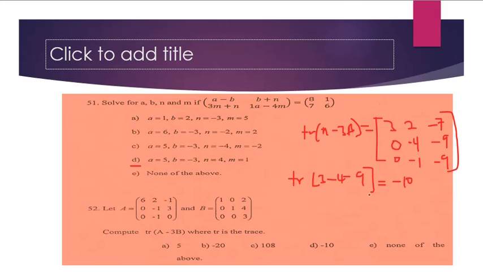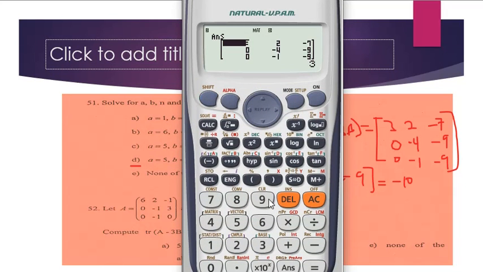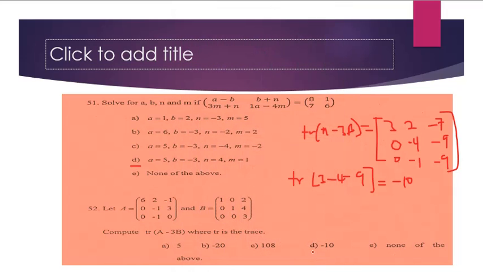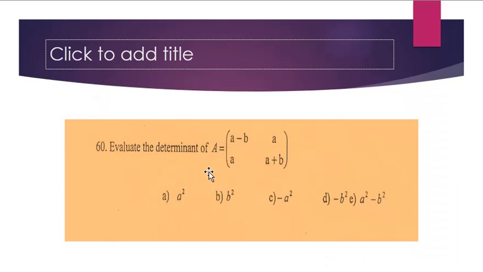You can also confirm that: 3 minus 4 minus 9 is minus 10. So our final answer is D, minus 10. It's as simple as that. So let's proceed. Right, so we have to find the determinant of what?